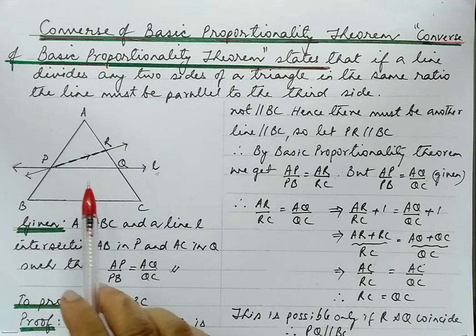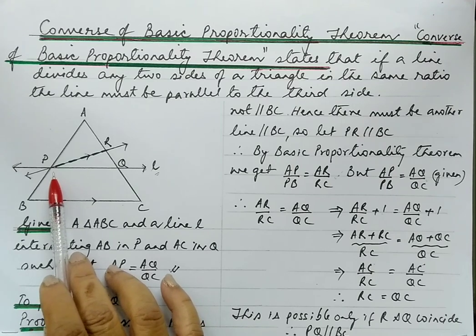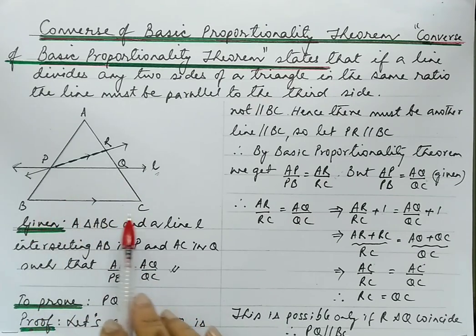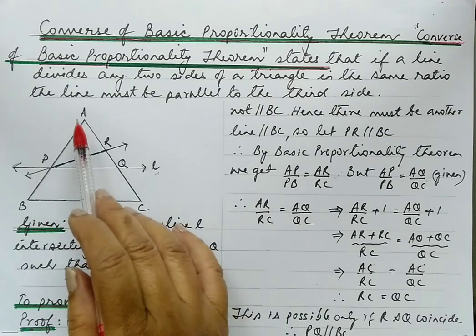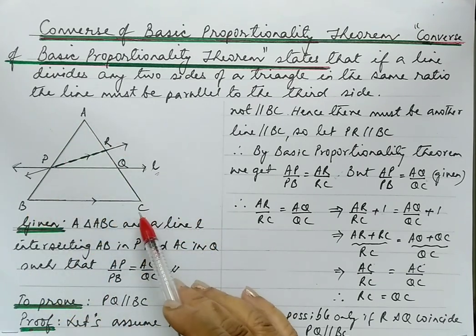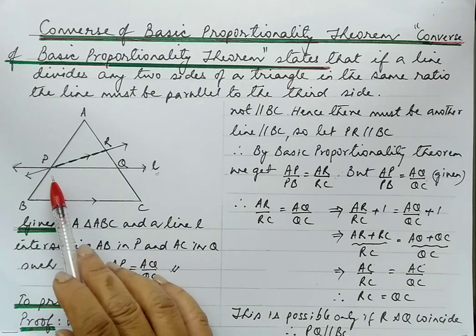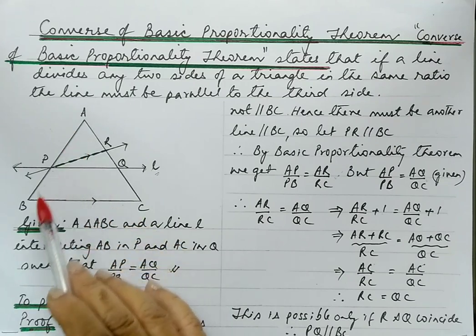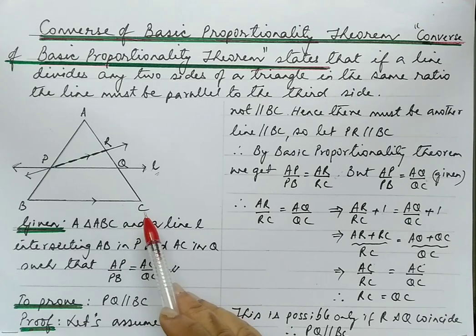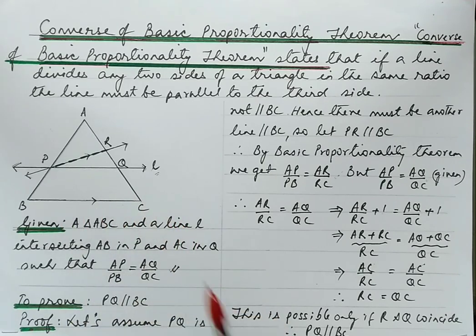So here we have to prove that PQ is parallel to BC. BC is the third side of triangle ABC, and AB and AC are being divided so that AP upon PB and AQ upon QC are in the same ratio. Clear? Now let's go ahead with the proof.